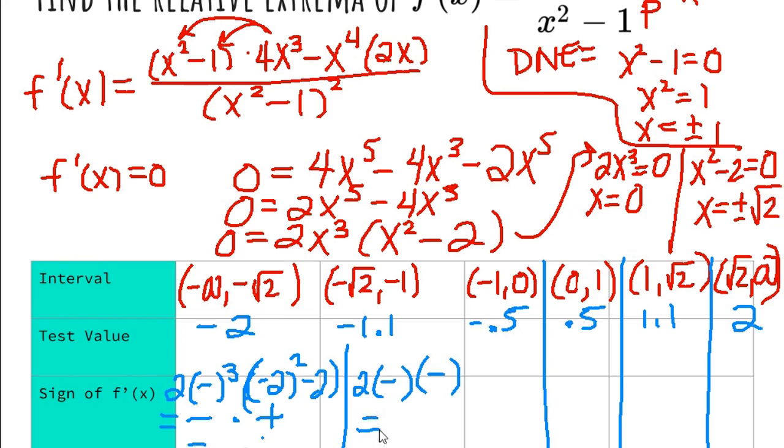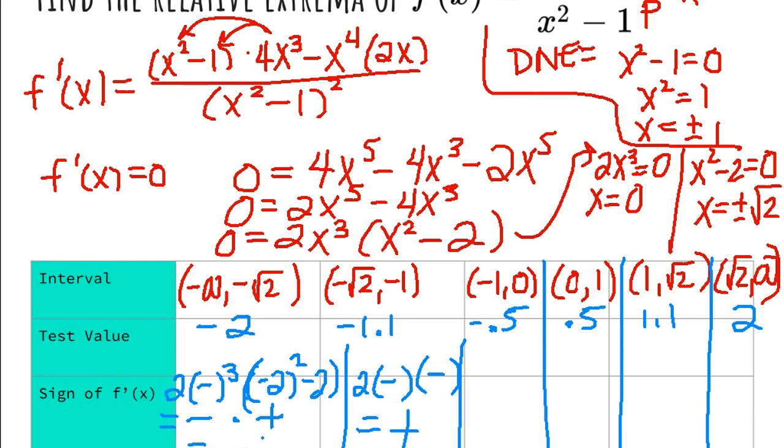So those negatives become a positive. That's increasing. And this one, just a heads up, this one's like a worst case scenario. On the actual AP exam, you'll never have a first derivative test with more than 3 or 4 intervals at worst. All right, negative 0.5.